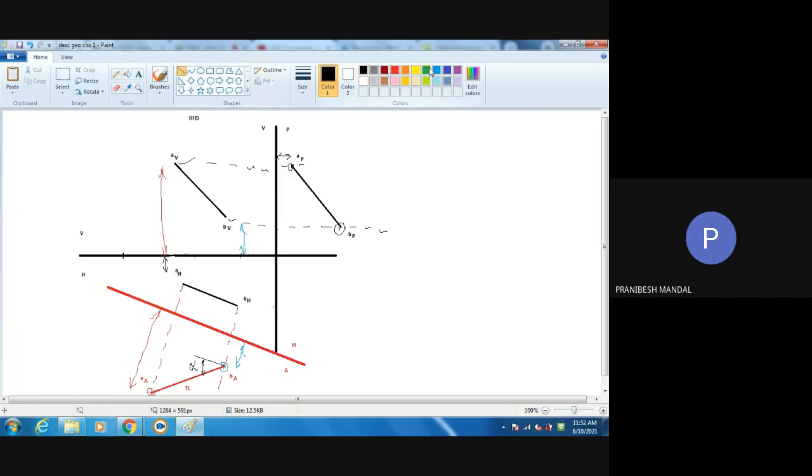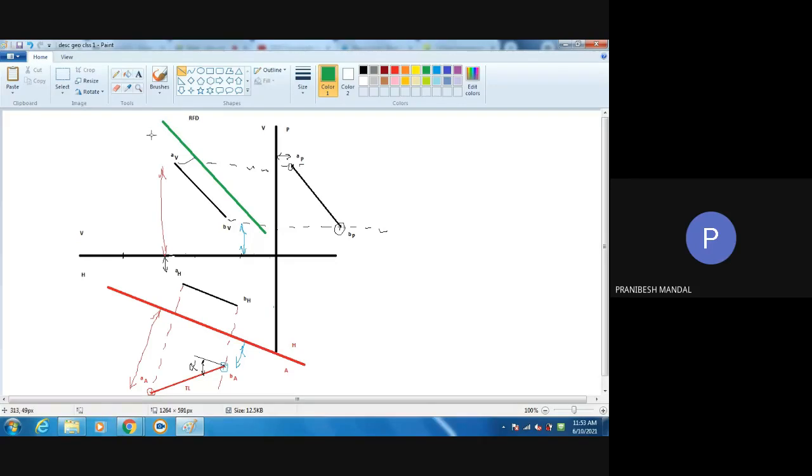So let us take a plane parallel to the vertical projection.